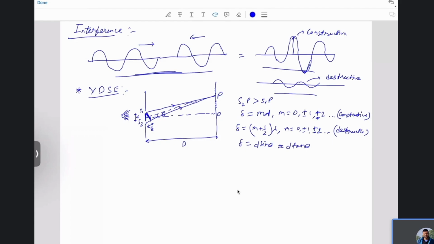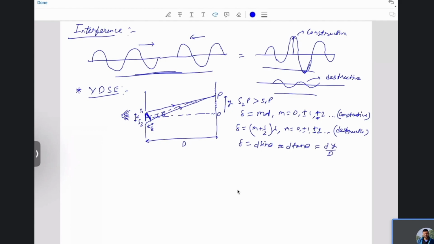And then tan theta is just y by D, where y is the distance at which the fringe pattern is observed.